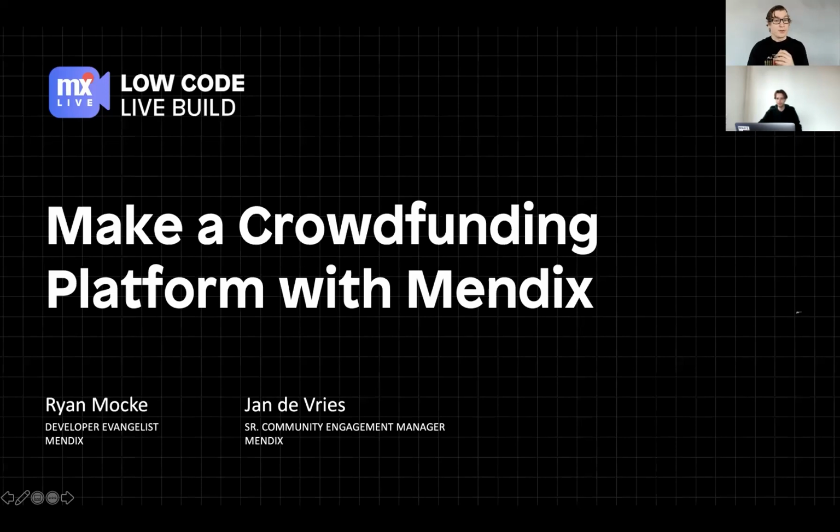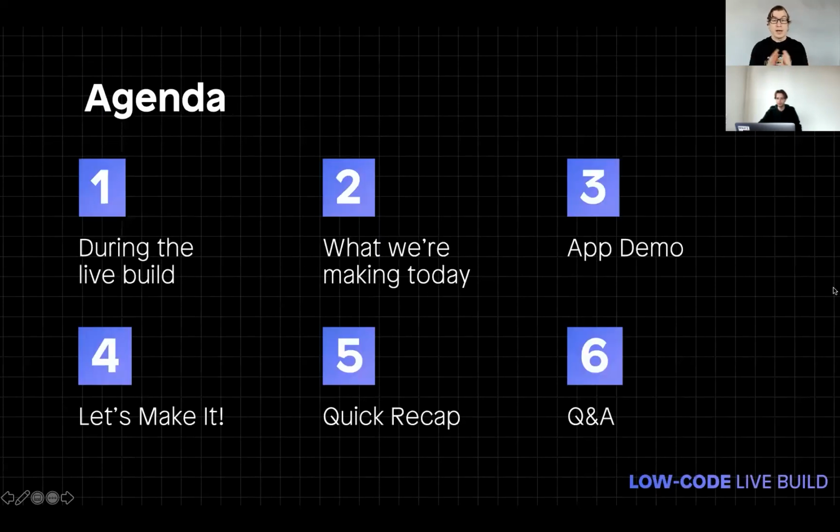Let's get into it, and let's take a look at what we're going to be talking about today. So, first of all, we're going to be talking about what we're going to do during the live build itself. Then we're going to talk about what we're building specifically. We're also going to take a look at an app demo of the end result so you can see what the end result is after we've built everything.